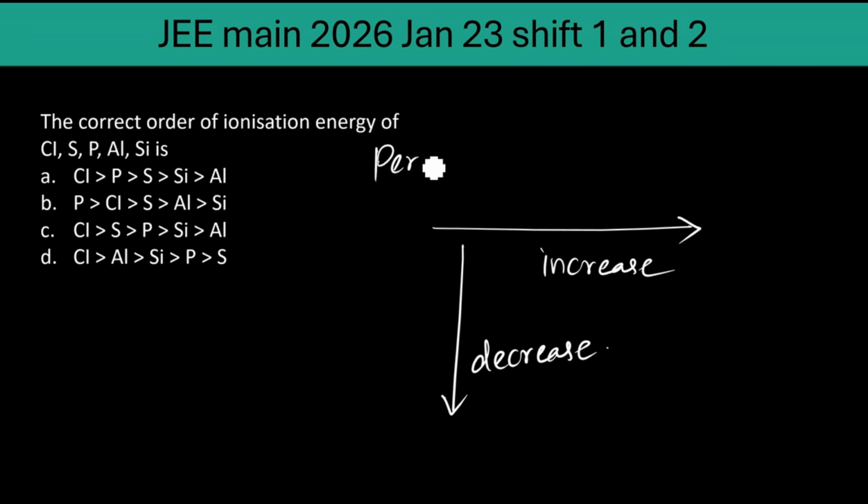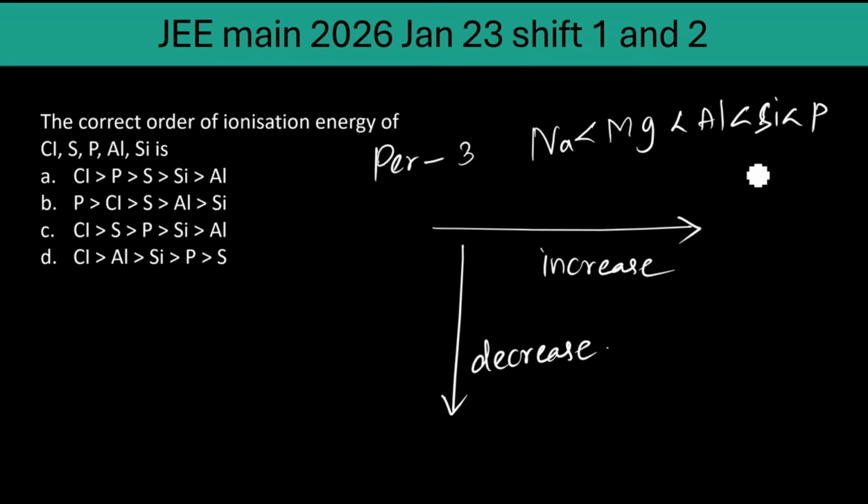Let's consider period 3. That is sodium, then magnesium, then aluminium, silicon, then phosphorus, sulfur and chlorine. But there is an exception of phosphorus and sulfur. You remember, phosphorus is 15 and sulfur is 16.